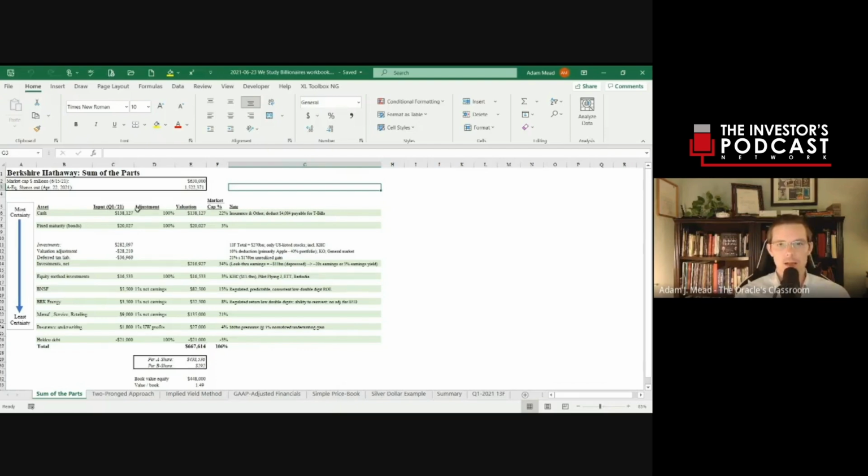So just starting at the top, cash. Now that's pretty simple. How much cash is on the books? But let's not forget that the accounting is very important here. And so you've seen this a couple times on Berkshire's balance sheet, Stig, where Berkshire has the cash listed up top, and you can see that. But then they also have this payable down below.